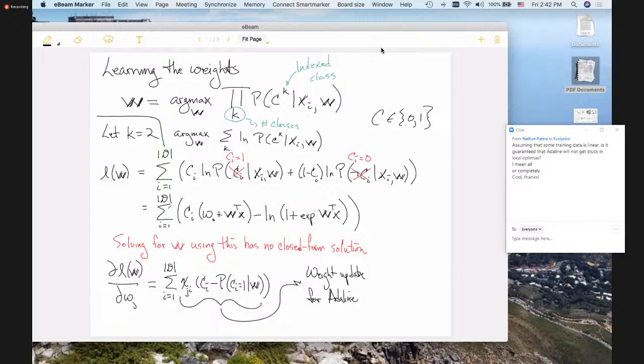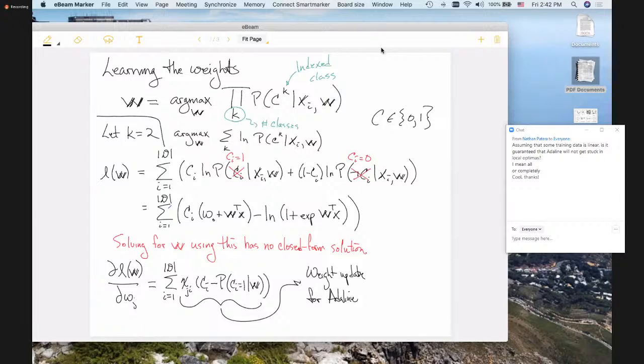And I've indexed into the jth feature because it's that feature that is multiplied by the weight that we're taking the derivative with respect to. And then it's just a matter of plugging that into the same weight update equation that we had for Adeline. So it's just the previous weight plus eta times the term inside the sum.